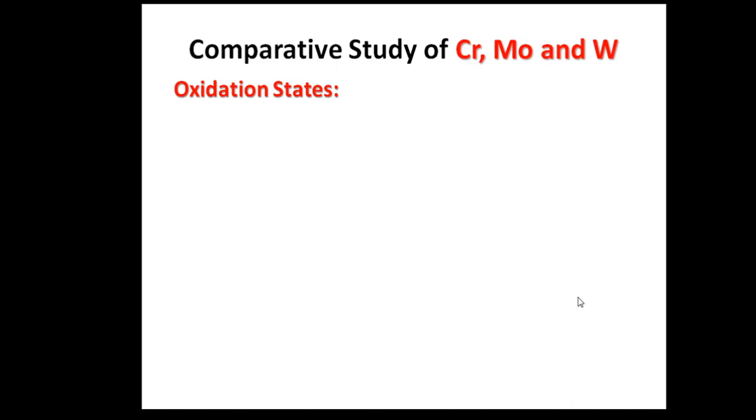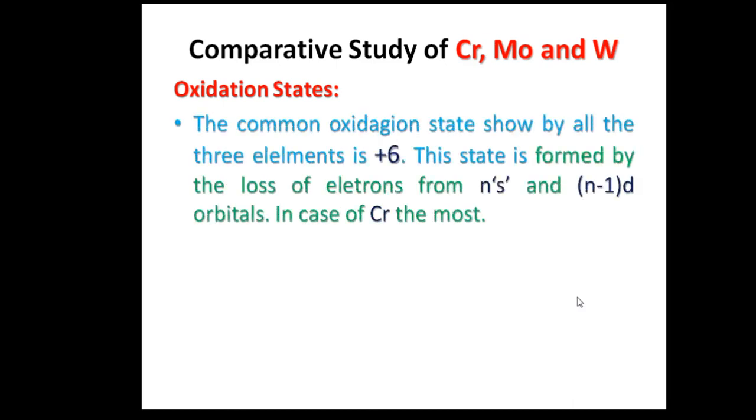Then after this we study some comparative study, in which we are going to discuss some very important elements and compare them: chromium, molybdenum and tungsten. The oxidation state is the first parameter which we are going to discuss.